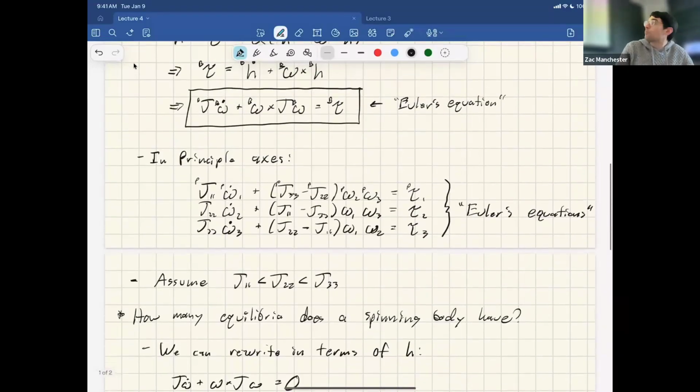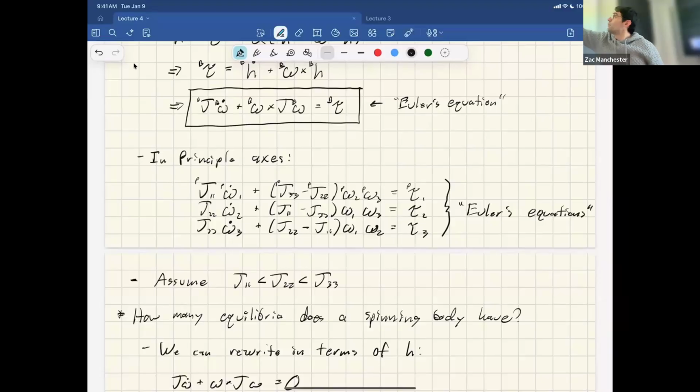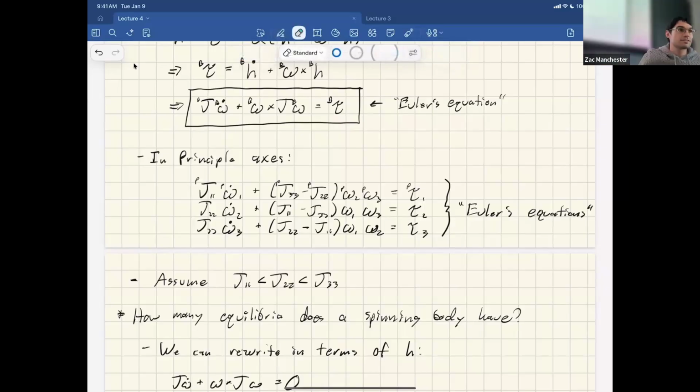You can also see that from these guys. If I say that's got to be 0, it means these guys have to be 0, right? You can't have any component along omega 1, omega 2, which translates into clean spin about just the principal axis, right? But I think the eigenvector version is a little bit more insightful.